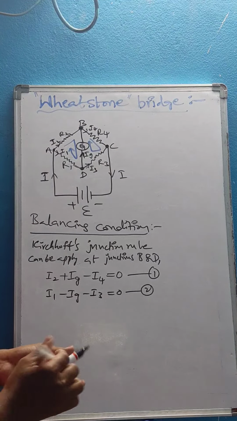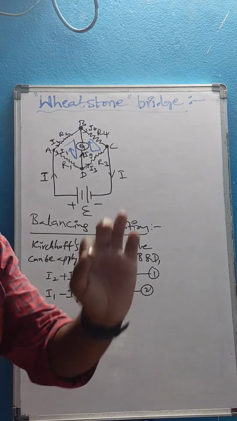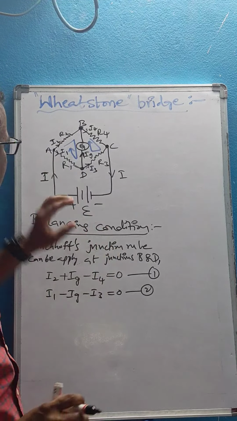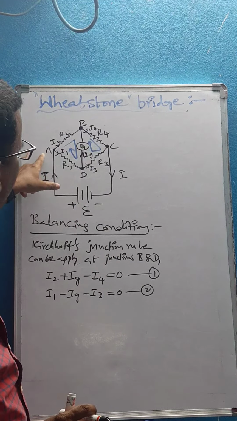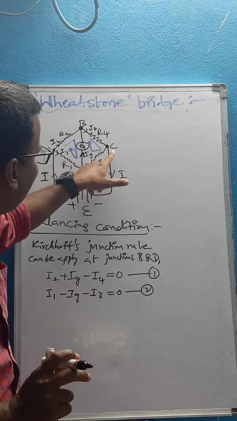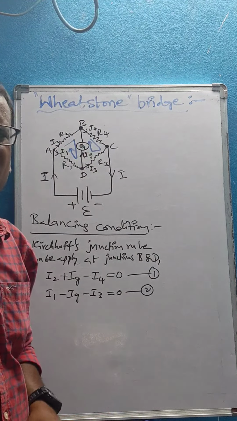So in the Wheatstone bridge we have two junction points, and two loops are also there. ABDA is one closed loop, and BCDB, or you can take CDBC, whatever it may be.